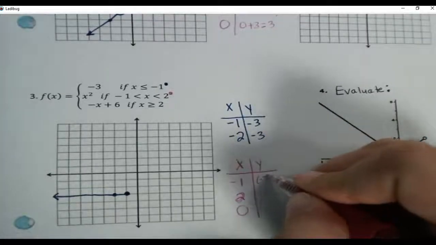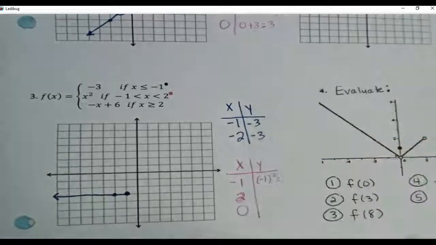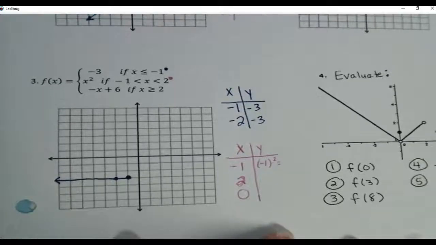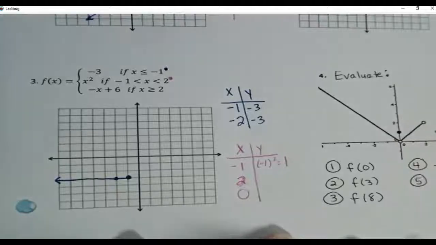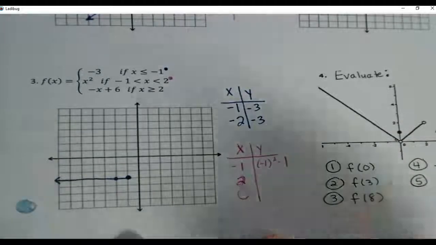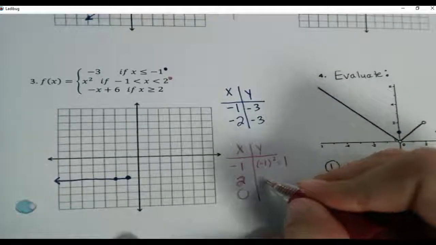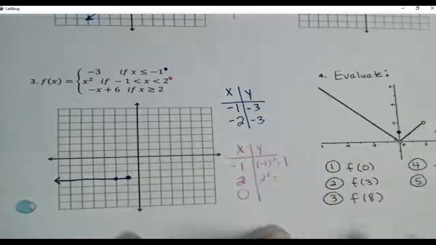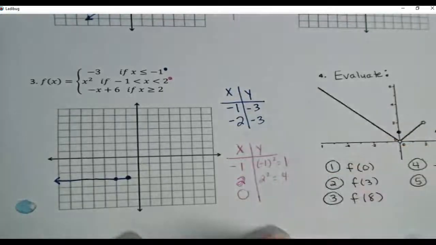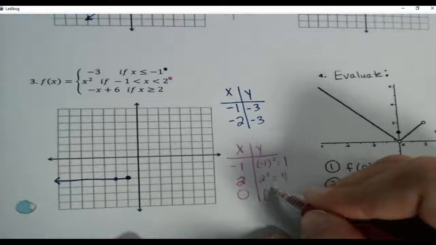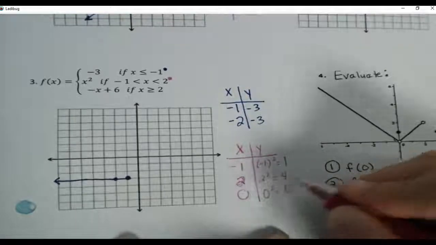So we do -1 squared, and -1 squared is 1. Then we do 2 squared, and 2 squared is 4. And then 0 squared is 0.